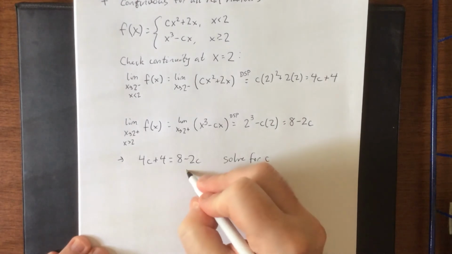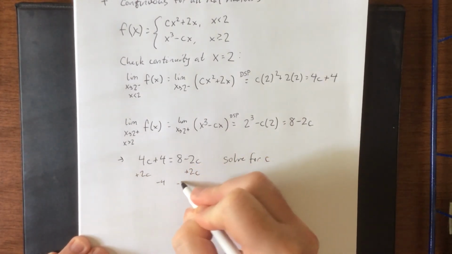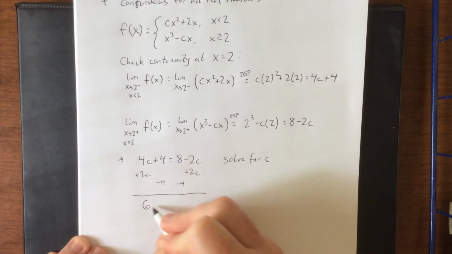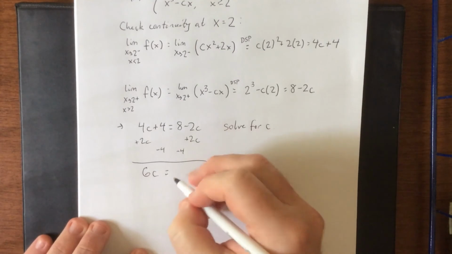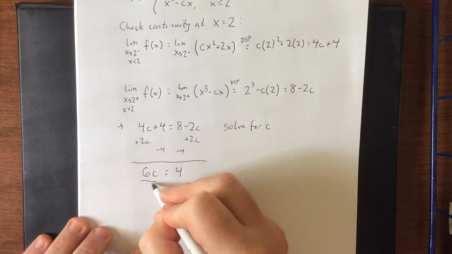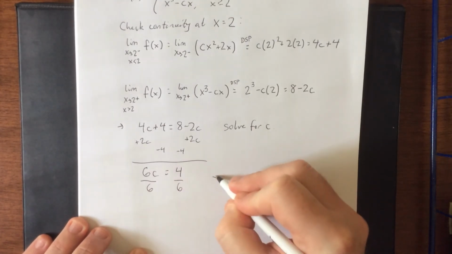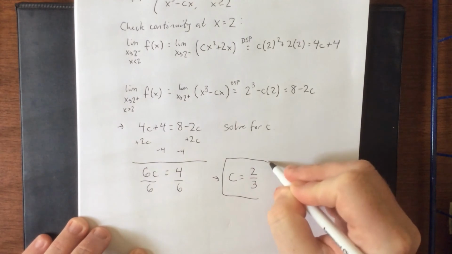Solving for c, I'm going to add 2c to both sides and subtract 4 from each side. On the left-hand side, that gives us 6c, and that's going to be equal to 4. Dividing both sides by 6 and reducing the resulting fraction, we get that c is equal to 2/3.